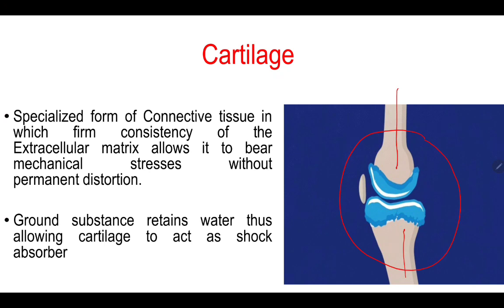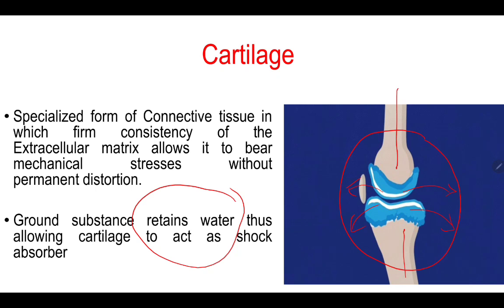But since the cartilage can retain water, the water present in your cartilage will disperse the friction, or the pain that we should generate while we are moving. It can easily disperse or scatter the pain that we are supposed to feel.